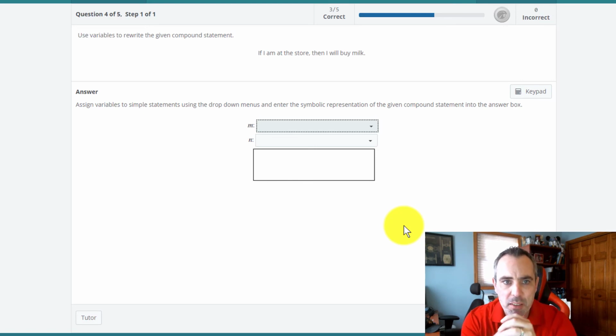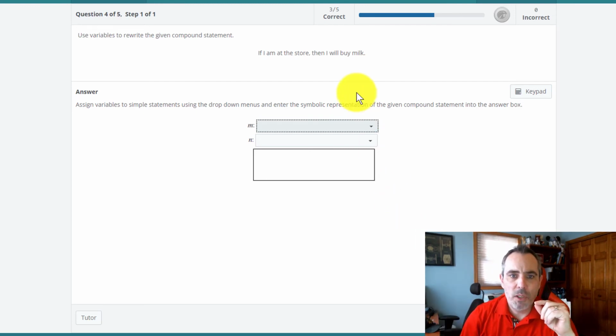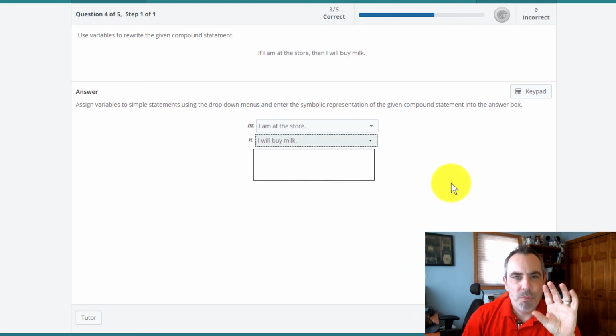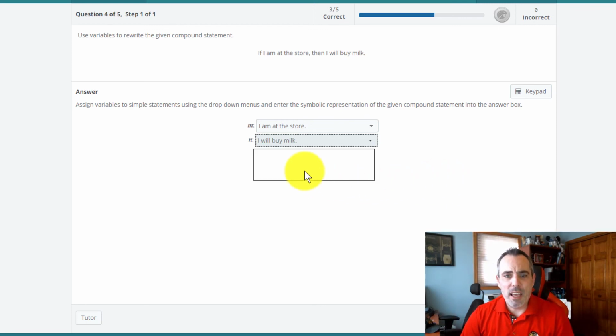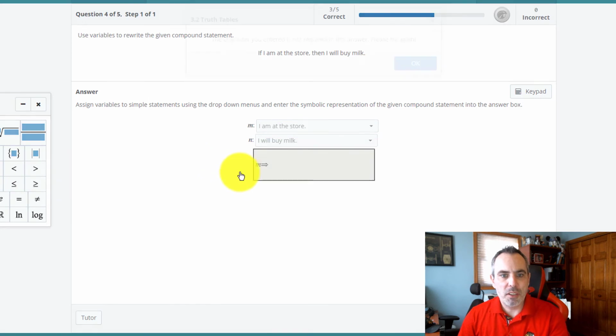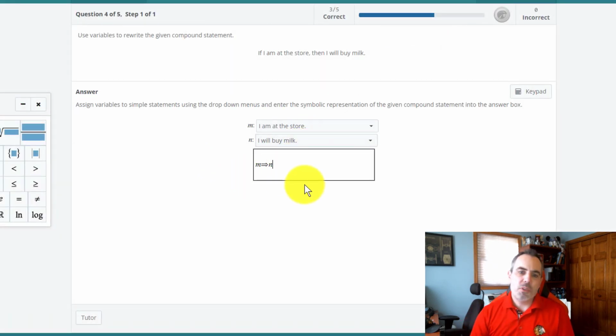Use variables to rewrite the given compound statement. If I am at the store, then I will buy milk. So I'm going to make M, I am at the store, N, I will buy milk. The idea of using an if-then relationship is that arrow. So if I'm at the store, I'm going to use the keypad for this, implies that I will buy milk. Whoops, I need the N, not the M. So that's what this looks like.